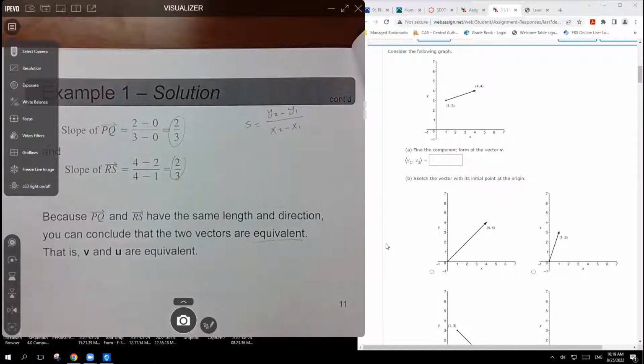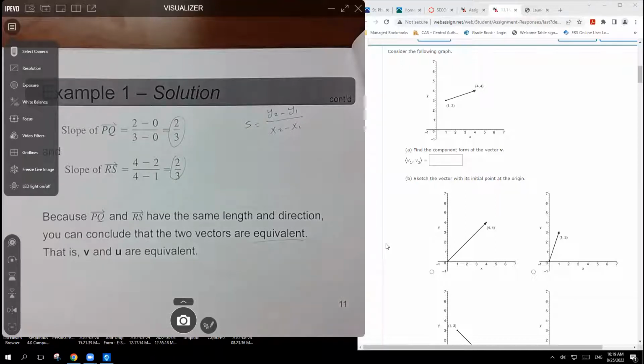Now, to prove that these two vectors are equivalent, we have to prove that they have the same length, and we have to prove they have the same direction. How to do that? To prove the same length, we use the distance formula.